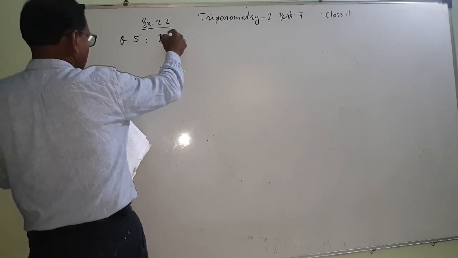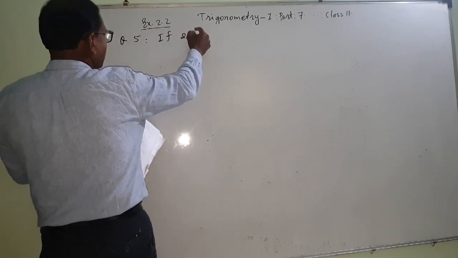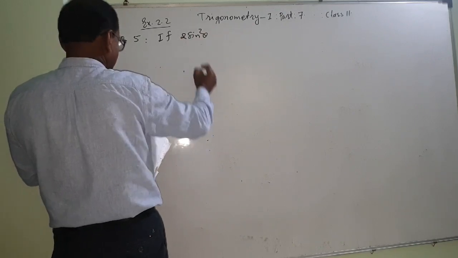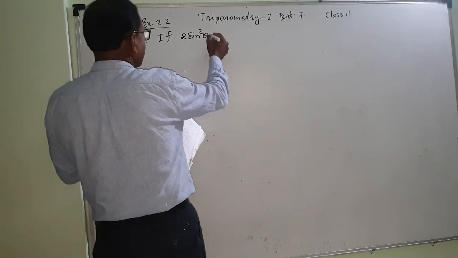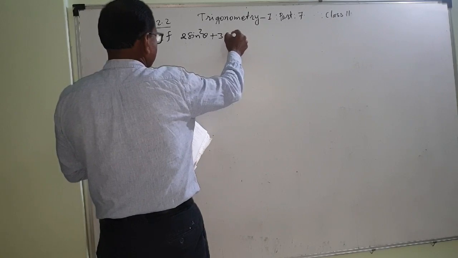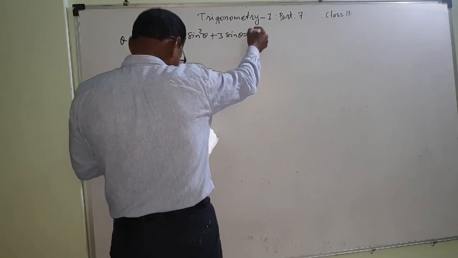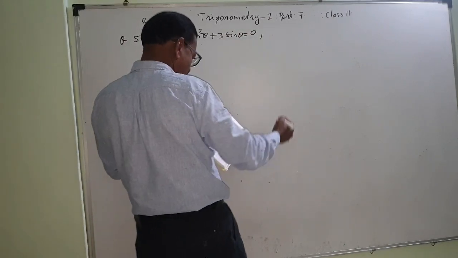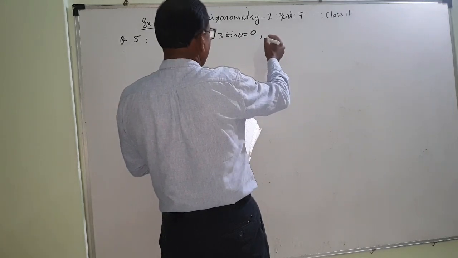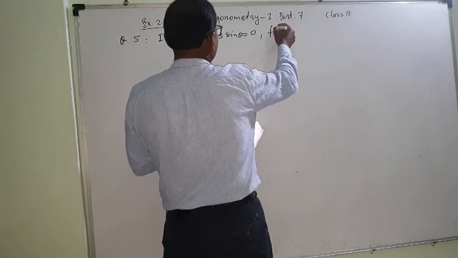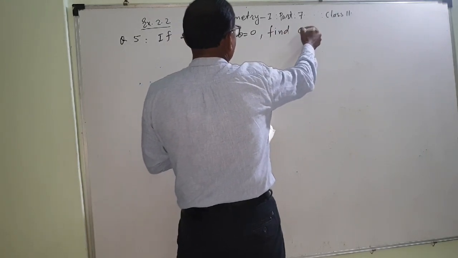If 2 sin square theta plus 3 sin theta is equal to 0, find the value of cos theta.